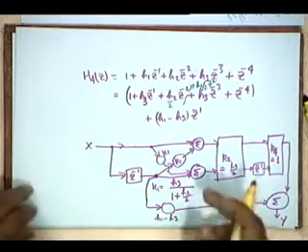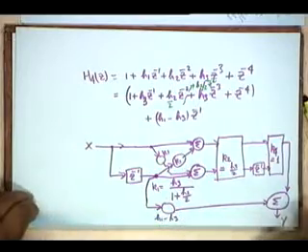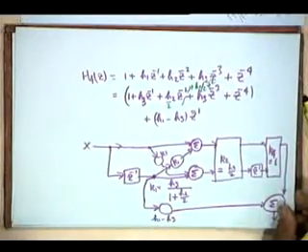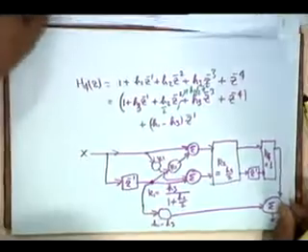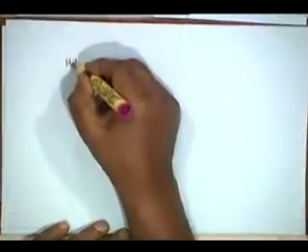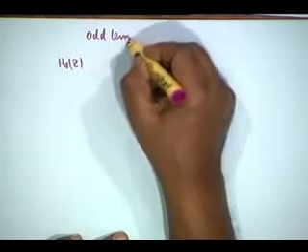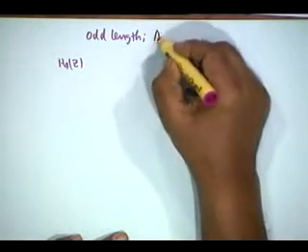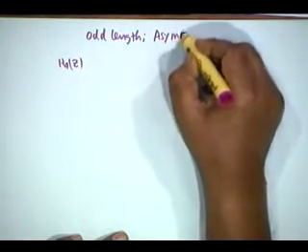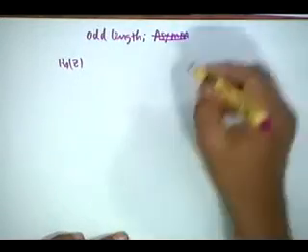Let us consider the same case with a negative power. Okay. The next example, we take the same case H4 of Z, that is odd length and asymmetrical coefficients, it is not linear phase.